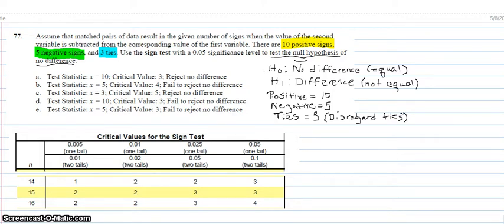So what we need to look at is what is going to be the test statistic. The test statistic is the sign that occurs the least. So your 5 occurs the least.